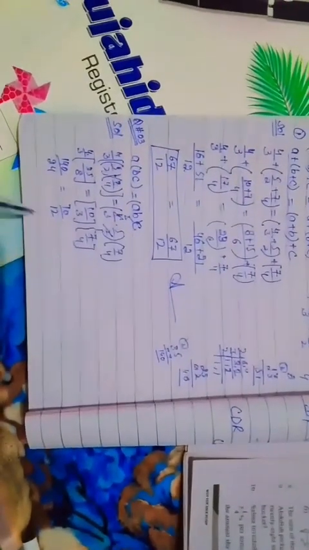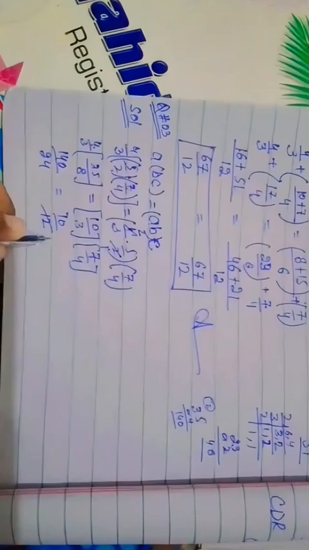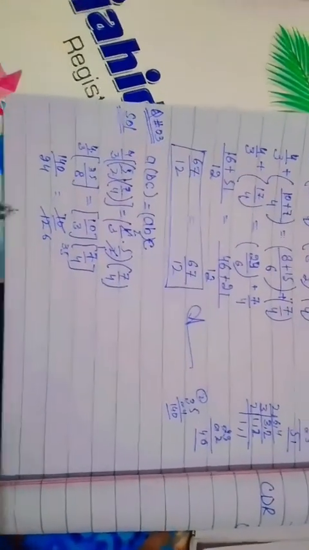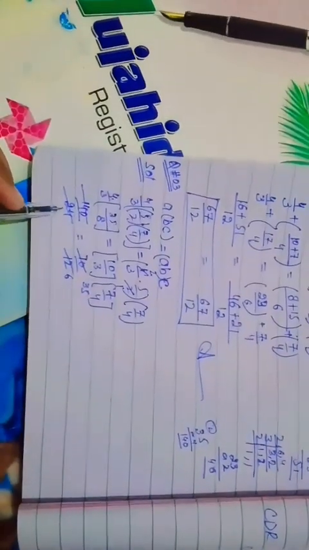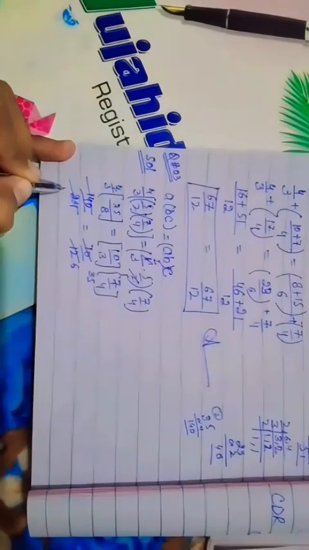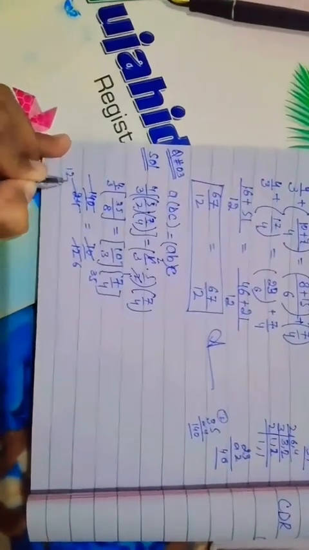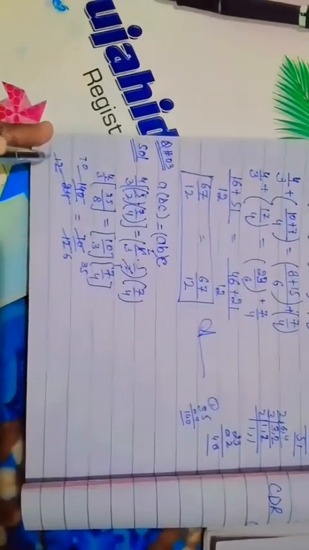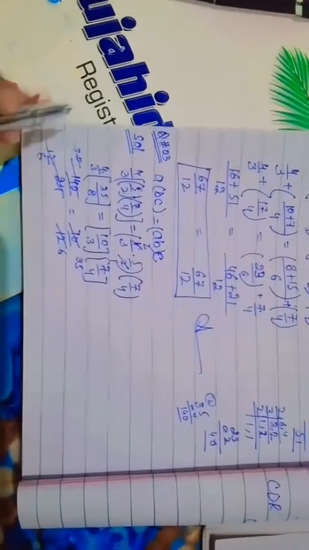Now I will cancel out 70 over 12 by the table of 2. 2 6s are 12, 2 3s are 6, and 2 5s are 10. Same like cancel out 24 and 140 over 24 by the table of 2. 2 6s are 12, 2 35s are 70.